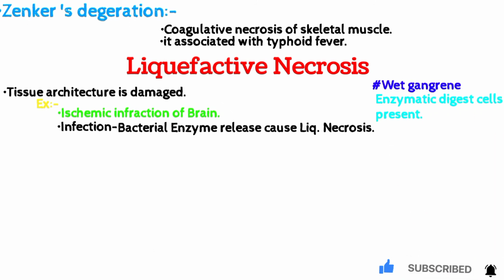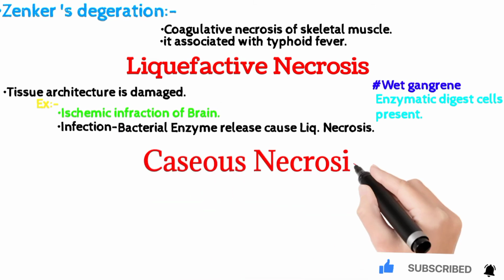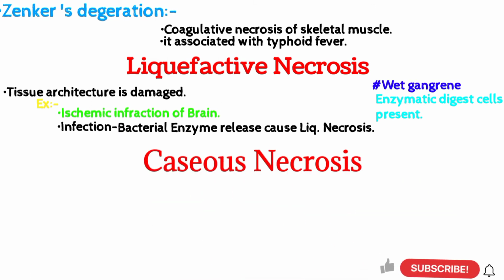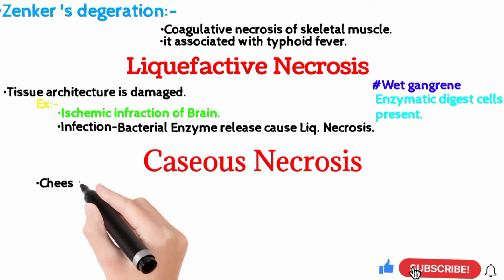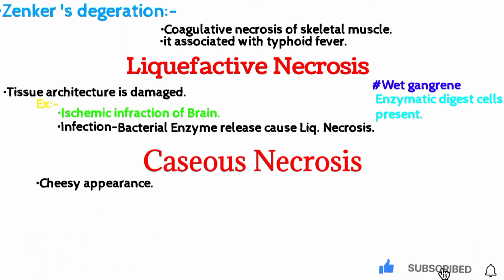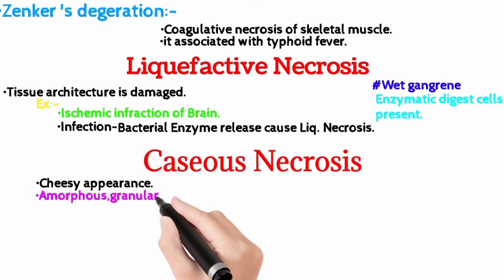Now coming to the caseous necrosis. It is called caseous necrosis because of its cheese-like appearance. In microscopic examination of caseous necrosis, we can see an amorphous granular pink structure.